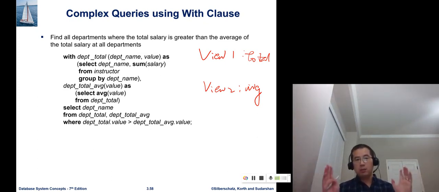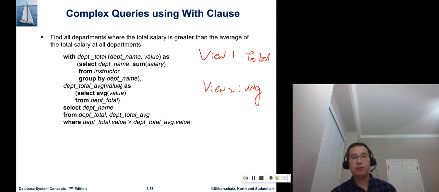So it's divided by the number of departments, not the number of instructors. That is the difference. We only have interest in the average of all the values across different departments, so we get only one value, and give the table the name department total average, with value.